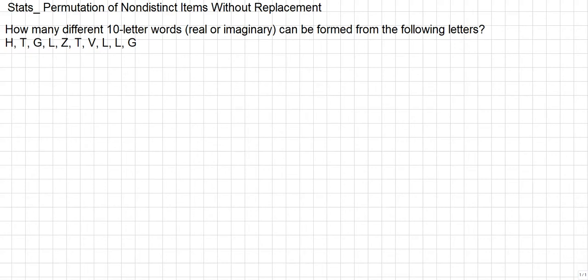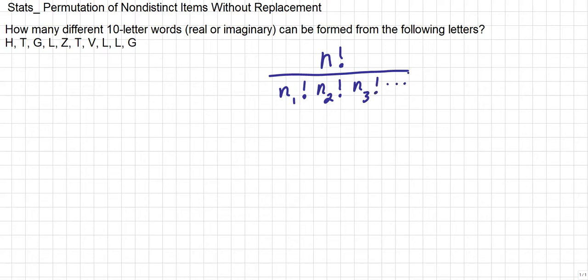First thing that you need to understand in order to do this is you need to know the formula. And this is the formula for permutation of non-distinct items without replacement. It starts with n factorial over n sub 1 factorial times n sub 2 factorial times n sub 3 factorial, and it goes all the way out to n sub k factorial, where k is going to be the number of items that we have.